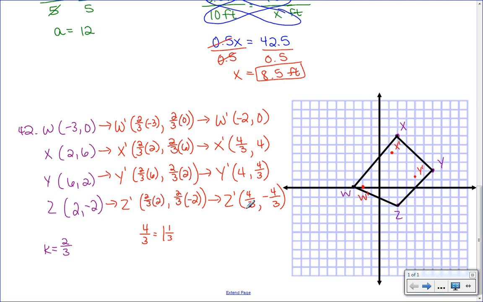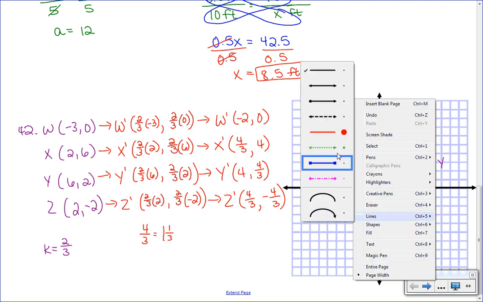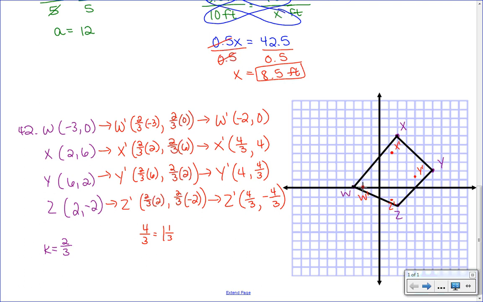And Z, 1 1/3, -1 1/3. Okay, so the original image is the larger one, the dilation is the smaller one.